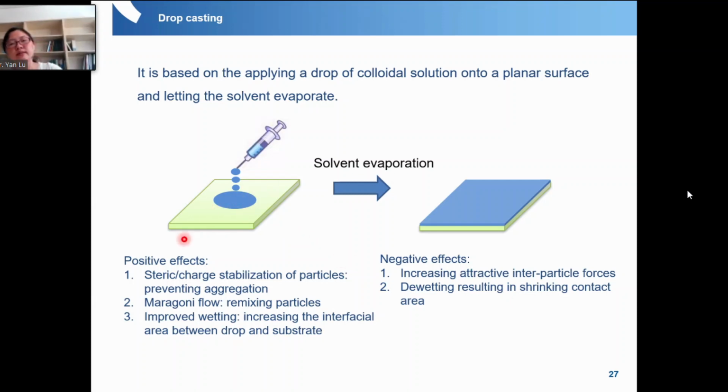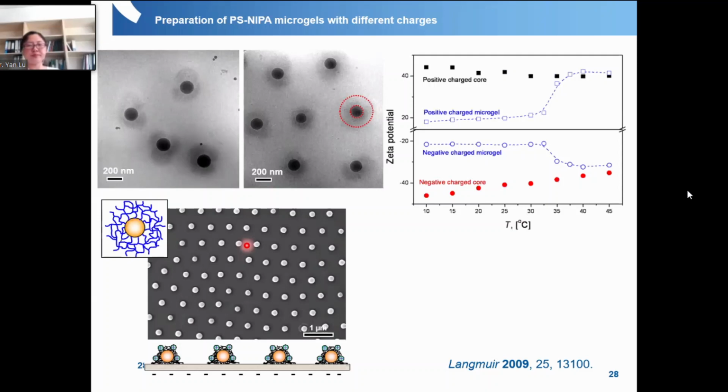In these cases, you will have an inhomogeneous distribution of your film on the whole substrate. So that's why you should always consider this when you do the drop casting, to have a positive effect and get a homogeneous film.